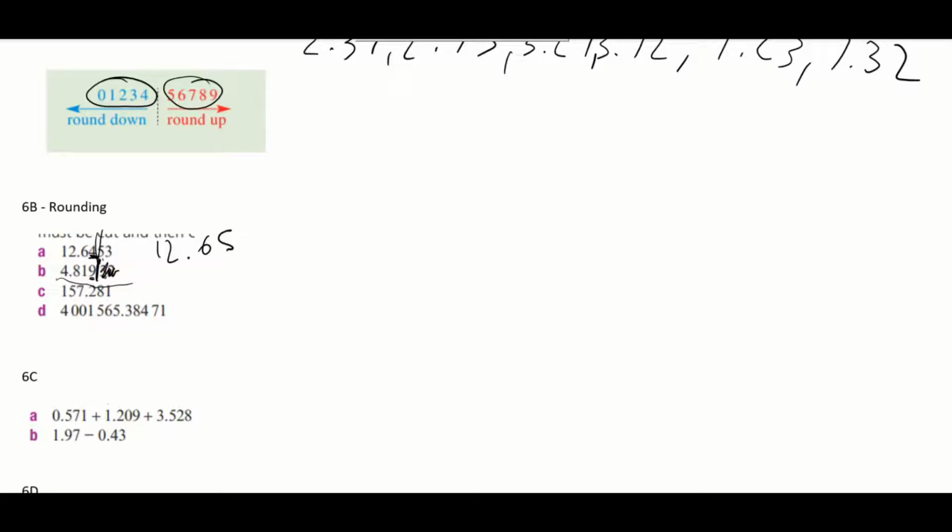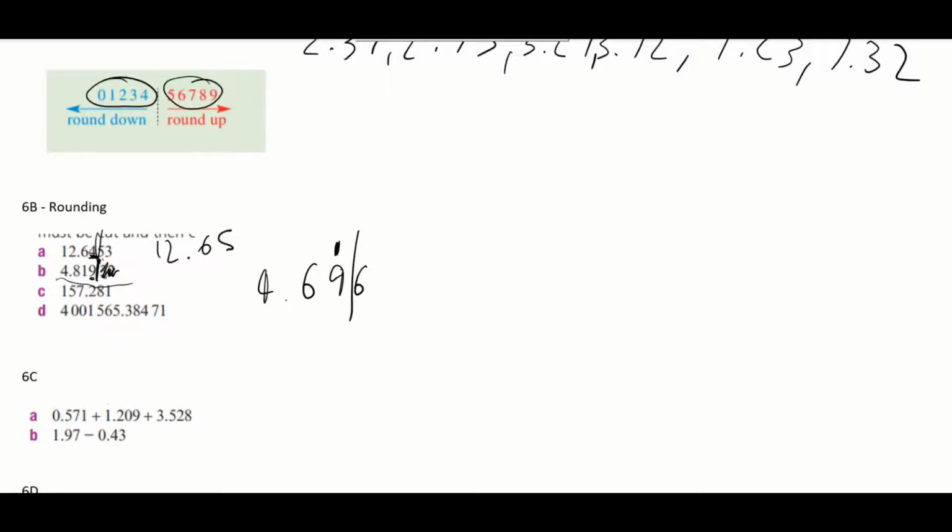Let me look at this one to make it a bit more confusing for you. Is there a 9? There's no 9. Okay, I'm just going to write a number. Let's just say 4.696. And we want to round it to the nearest hundredth, which is this column here. So we draw the line.